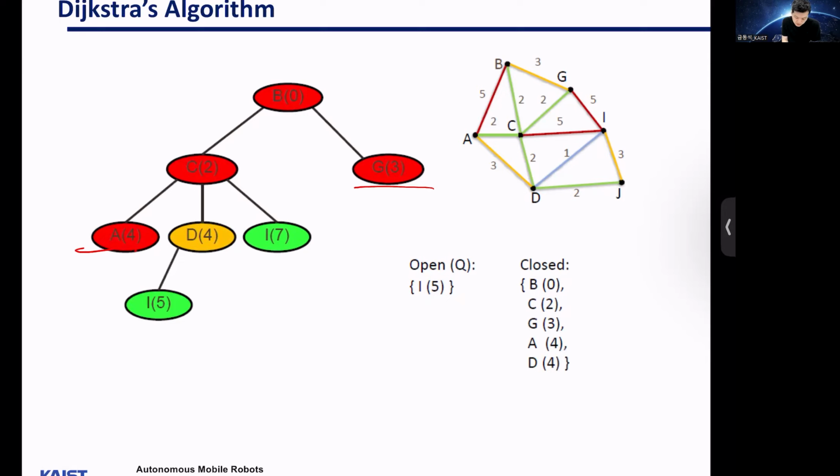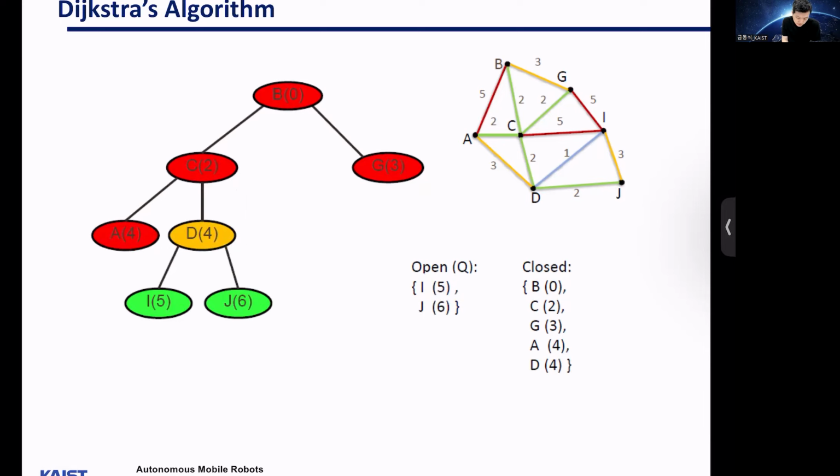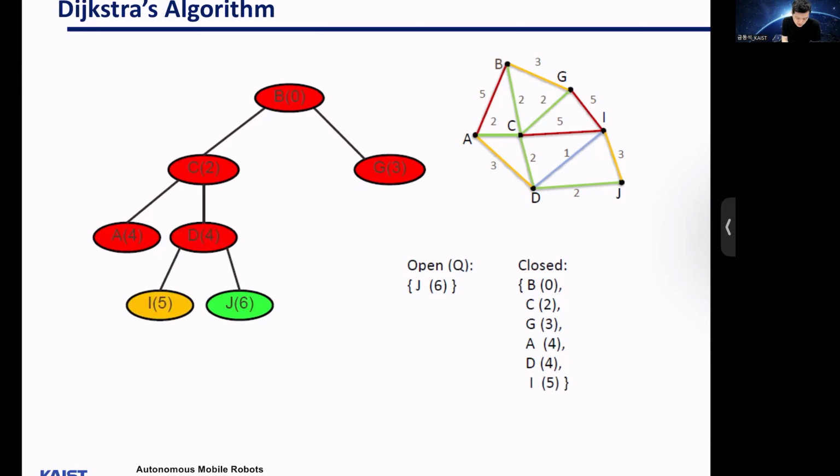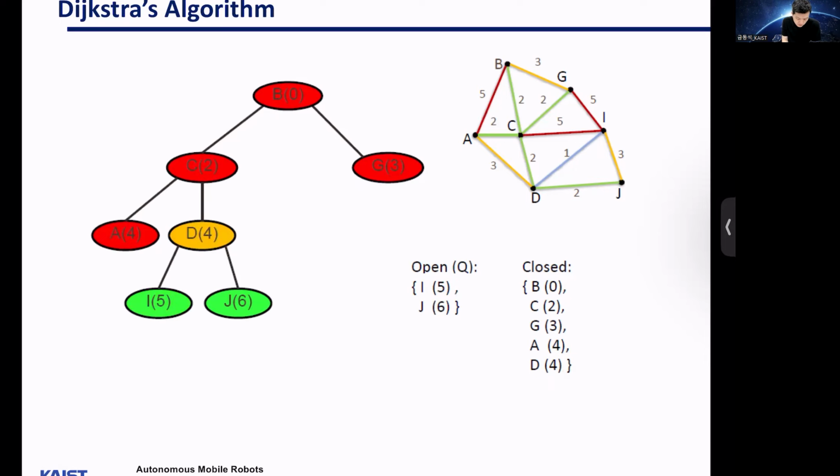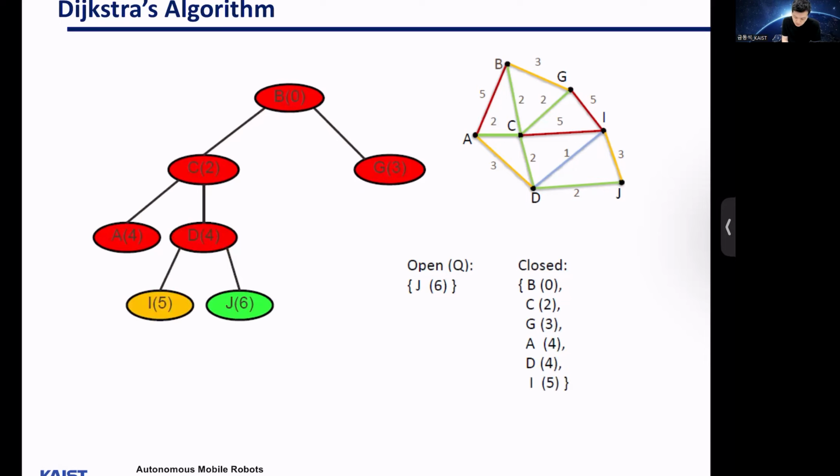And then let's continue with D. We have I, which is 5, which is better than this one. So we're going to remove that one. And then we can go to J, which is the goal.